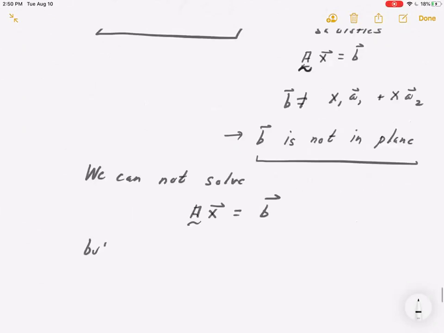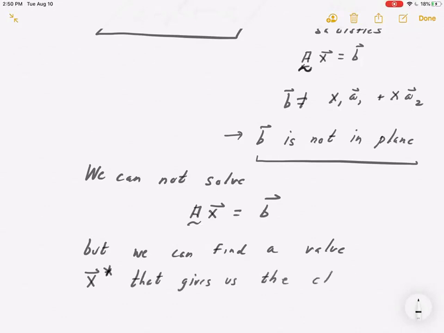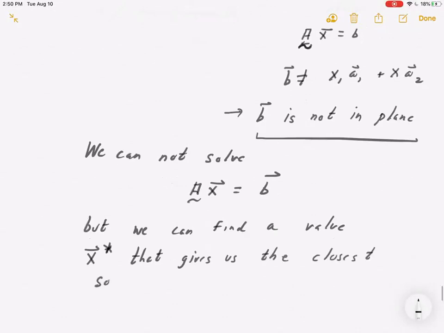But we can find a value for x, which we'll call x asterisk, that gives us the closest solution to the problem.